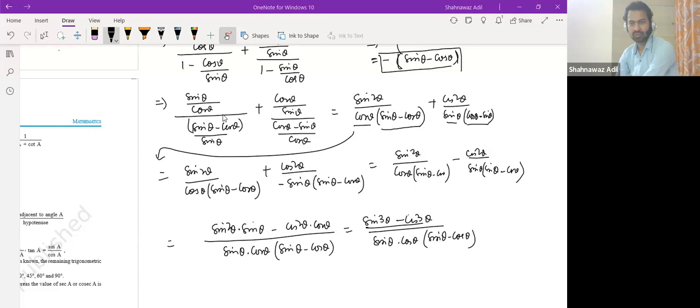Harshit, Rizwan, Shaima, Amal, Faz, and Amina, you guys can also participate. So what is a cube minus b cube?